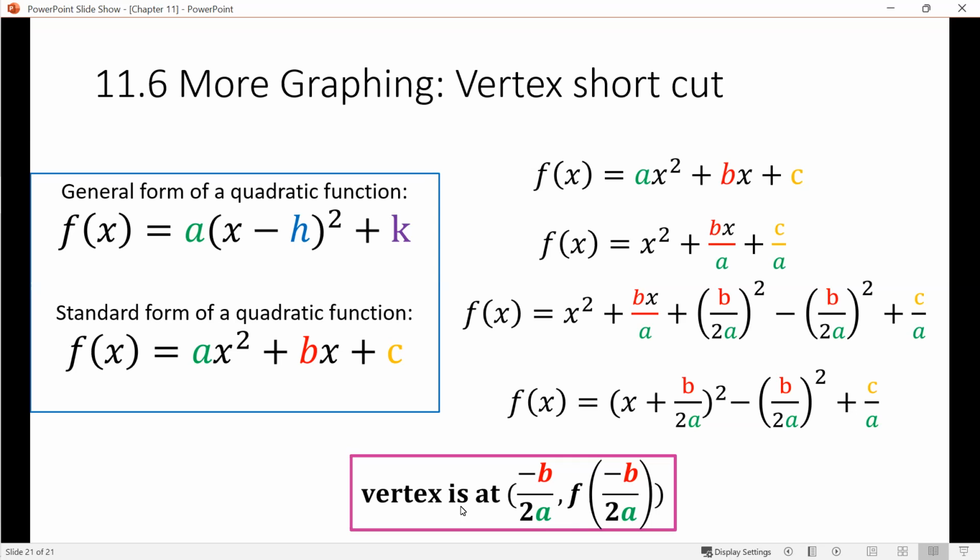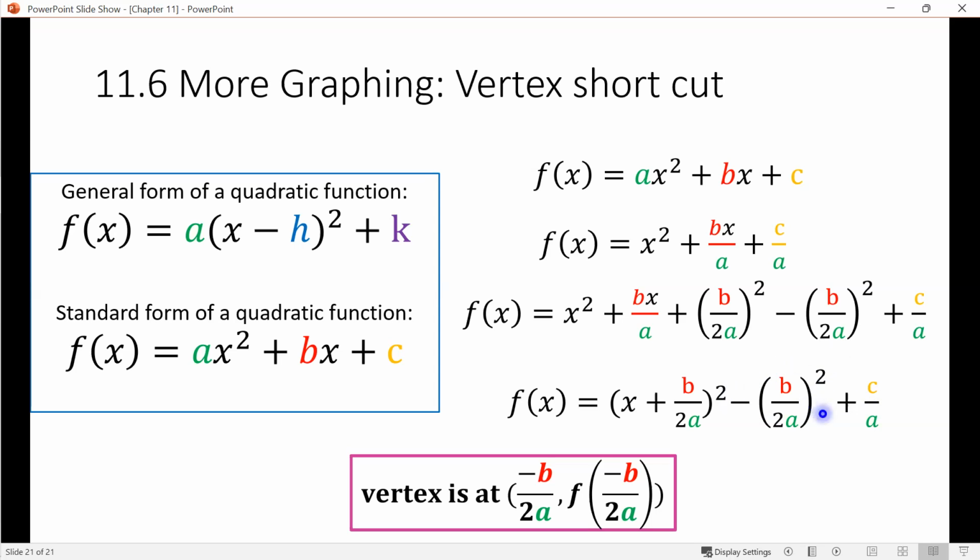So the x value of your vertex, if you are in standard form, will always be negative b over 2a. That's because that's what would happen if you completed the square on that, right? Now notice I didn't tell you what our y term is, and actually your y term is all this stuff over here: negative (b over 2a) squared plus c over a, that is your y term.